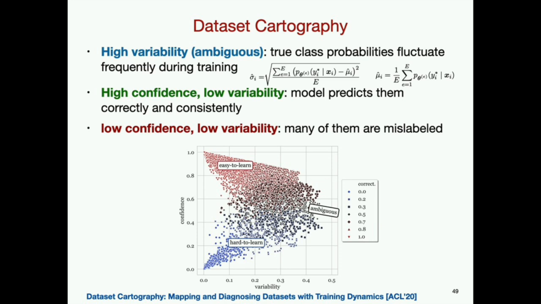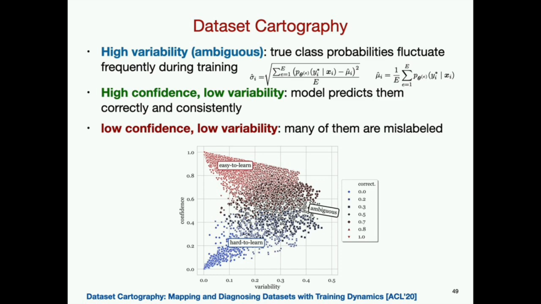So high confidence, low variance: these are the easy ones. We don't want them. We can discard. Low confidence, low variance: these are the noisy labeled examples, a lot of them. So we also don't want them. So let's stick to this middle range, right? Let's only keep them. This doesn't include easy examples. This doesn't include noisy labeled examples, right? So this generalizes best. Of course, there is a threshold that should be tuned.